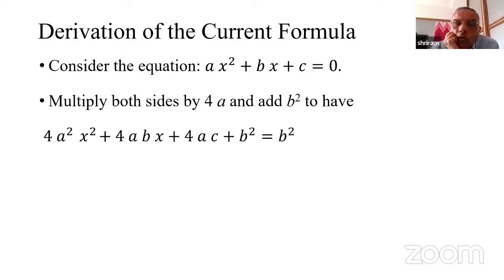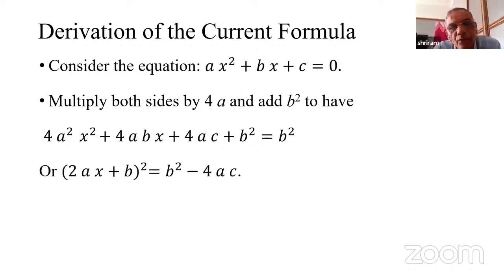The equation becomes 4a square x square plus 4abx plus 4ac plus b square equal to b square. Now transfer that 4ac to the right side. Then the remaining three terms are the perfect square of 2ax plus b, whole square, equal to b square minus 4ac.